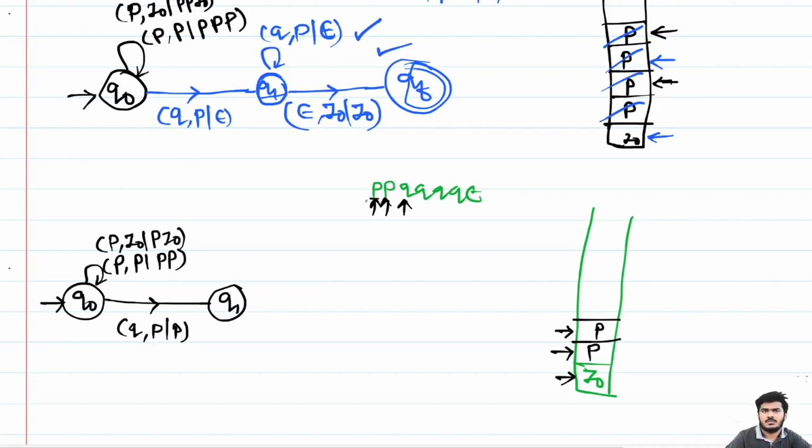Now when I am in the Q1 state, the top of the stack is P only, and I have got the second Q. For the second Q, with the top of the stack P, I will pop it. Okay, and I will move to the next state, that is Q2. Now again the third time Q is occurring, I have to just read it.